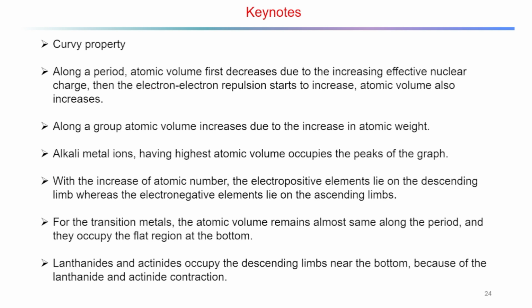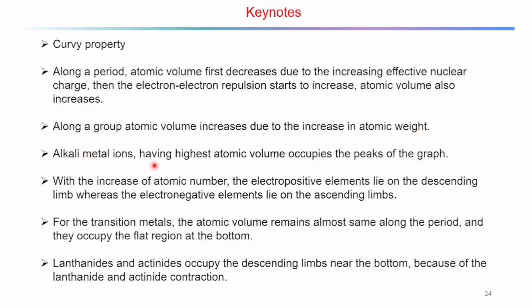Along a period, atomic volume first decreases due to the increasing effective nuclear charge. Then the electron repulsion starts to increase and the atomic volume also increases. Along a group, atomic volume increases due to the increase in atomic weight.